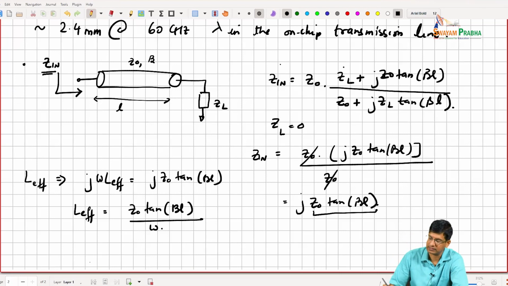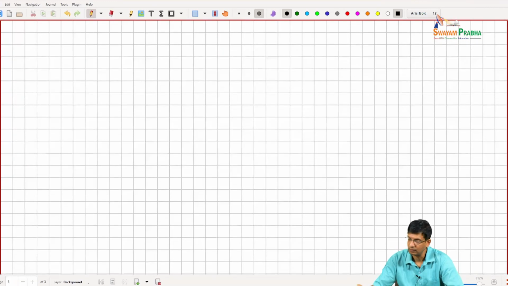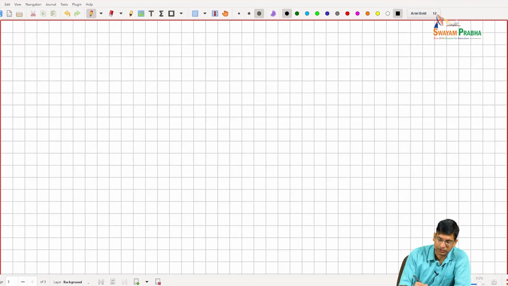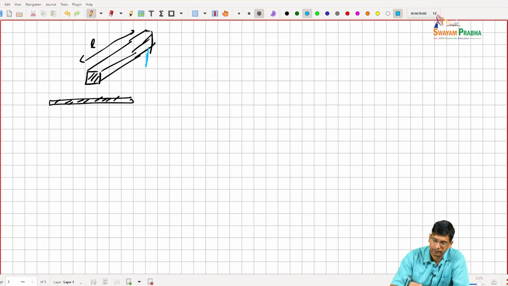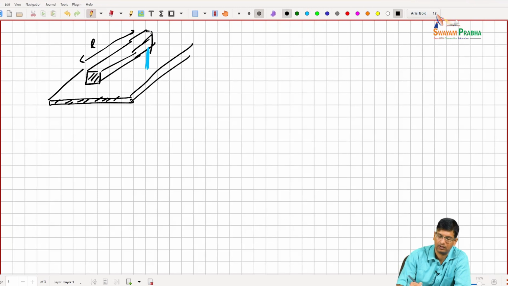Practically, what does this mean? We build the transmission line that we discussed, for example a simple microstrip, with a certain Z0 and a certain L. Right at the end of that, we put a via and short it to the plane.